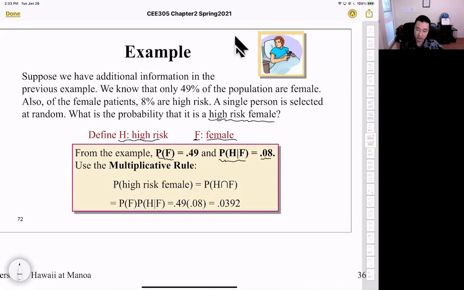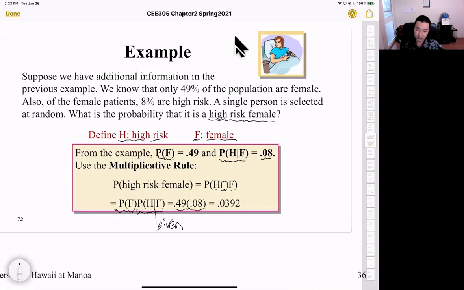So use the multiplicative rule. The probability of high-risk female is equal to the probability of high risk and female, which is again equal to the probability of female times the probability of high risk given it is female, which is 49% times 8%.